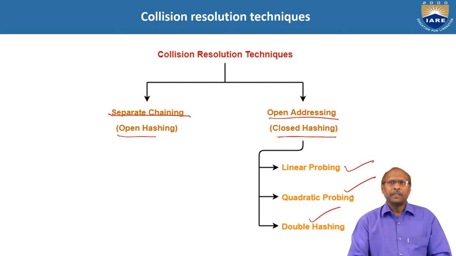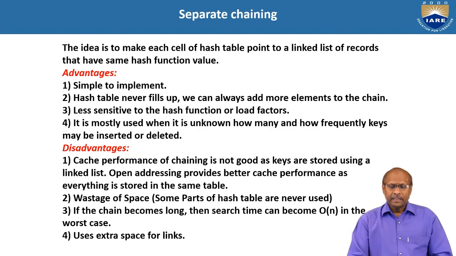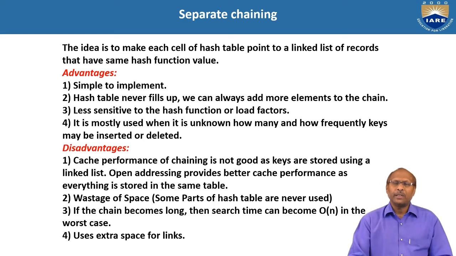Now see, first we will see chaining. This idea is used whenever the number of records is not known well beforehand. The idea is to make each cell of the hash table point to a linked list of records that have the same hash function value.